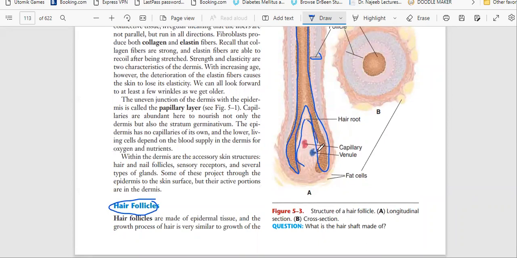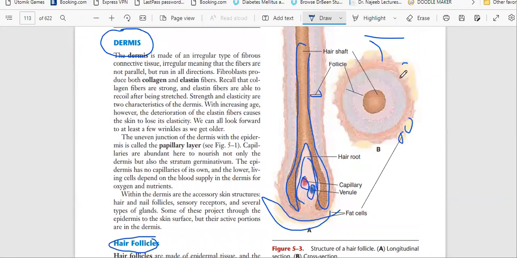In the hair root, we have capillaries and venules. And on the lower side, we have fat cells. These are the fat cells, which give the nutrition to the hair.